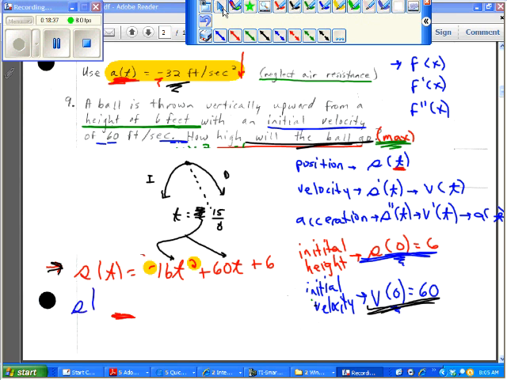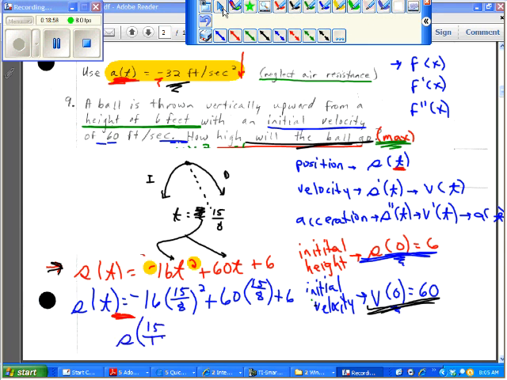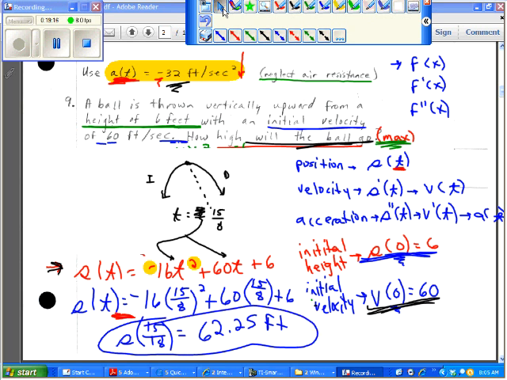So we're going to have S of t is equal to negative 16 times 15/8 quantity squared plus 60 times 15/8 plus 6, and we get S of 15/8 is 62.25. So the maximum height of that ball is 62.25 feet.